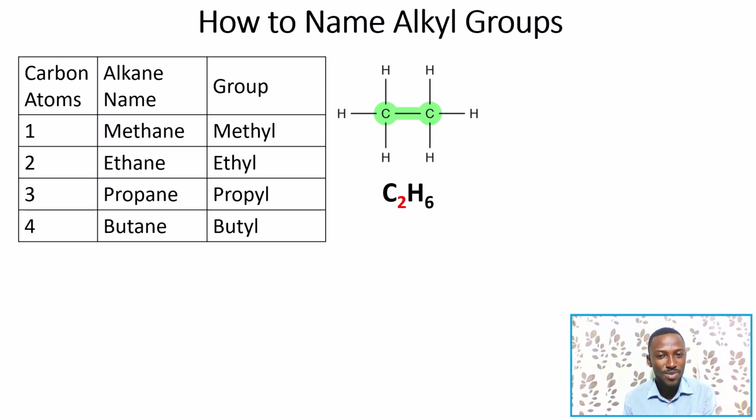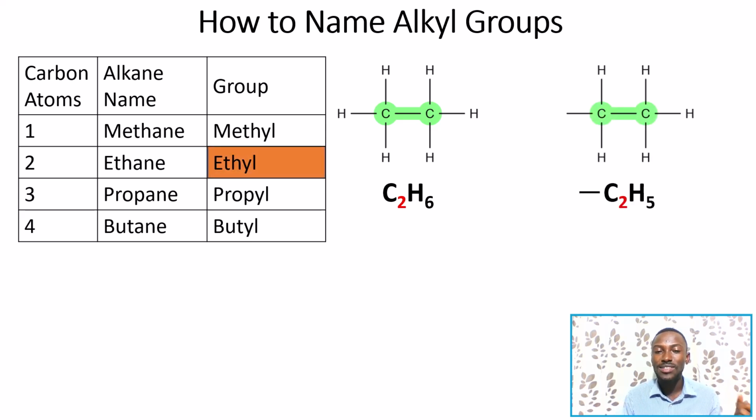If you don't know how to name straight-chain alkanes, I urge you to watch that video because it has already been uploaded. You can check the description of this video to have access to it. So this is ethane. Suppose we cut one hydrogen from this, it becomes what? Ethyl.